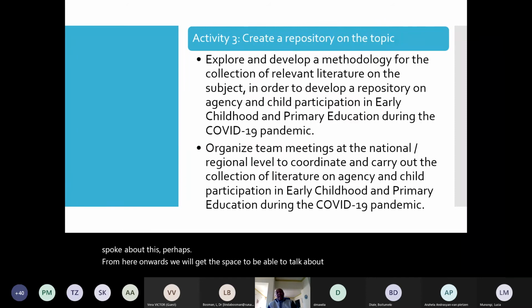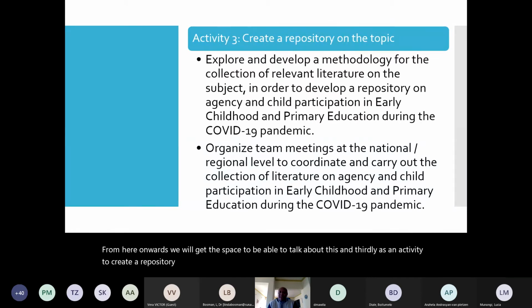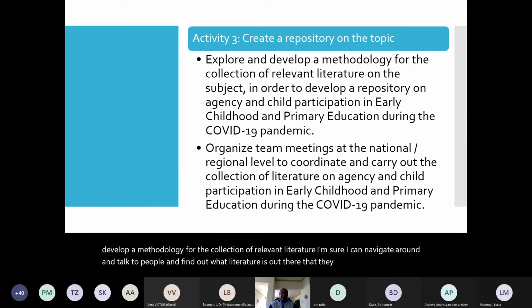And thirdly, as an activity, to create a repository on the topic. And I've just said, a little while ago, but also to explore and develop a methodology for the collection of relevant literature. I'm sure I can navigate around and talk to people and find out what literature is out there that they can encourage to be included in this.